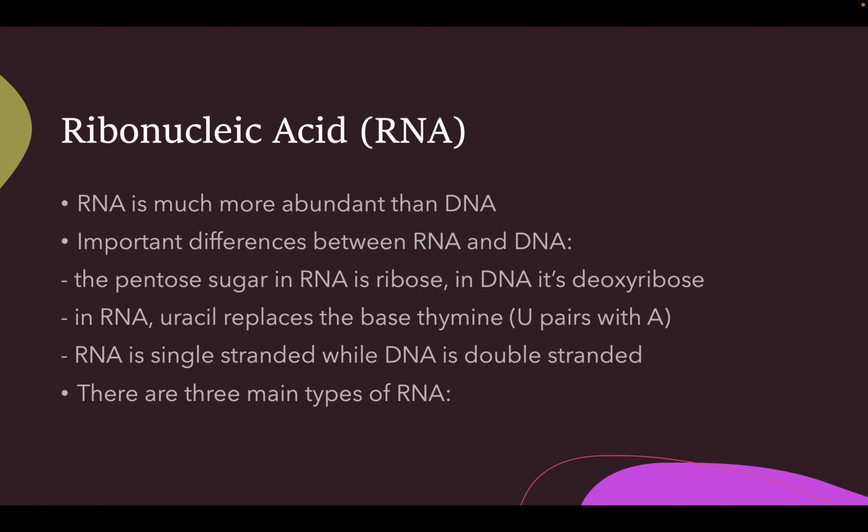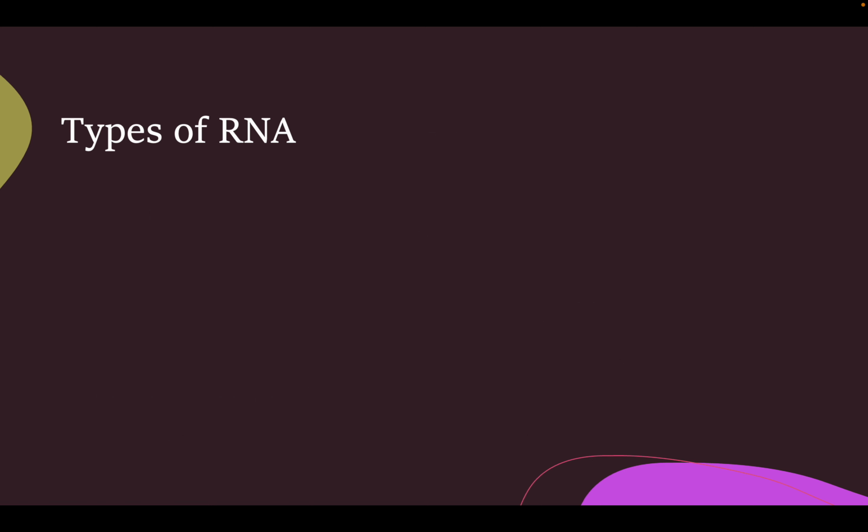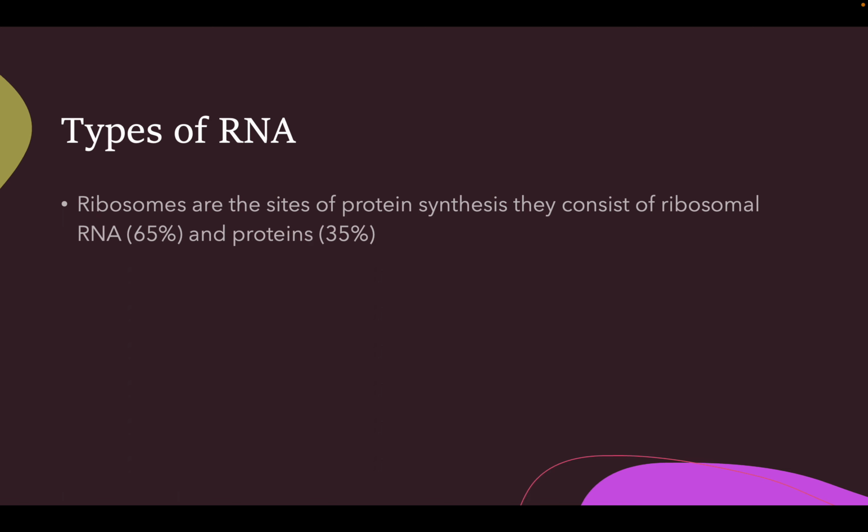And there are basically three types of RNA: ribosomal RNA, messenger RNA, and transfer RNA. So I will talk about what their functions are. Ribosomal RNA, as the name suggests: ribosomes are the sites where protein synthesis occurs. So where proteins are formed, different amino acids combine to form the protein, and then it passes through different secondary and tertiary structures.